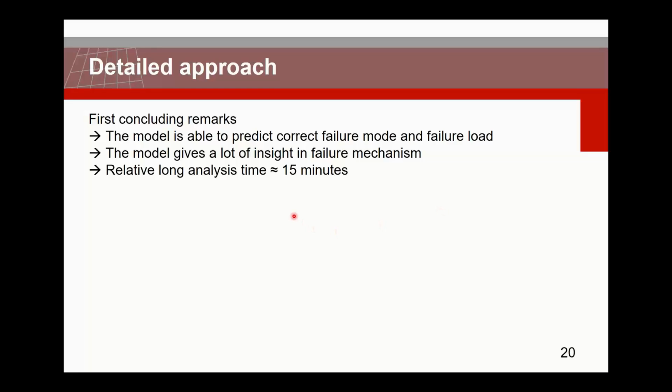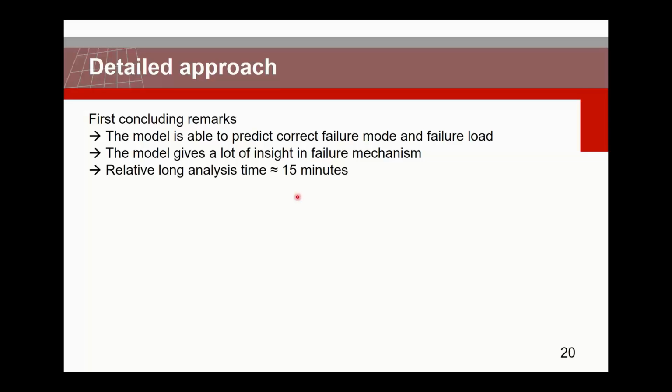The only thing is that the analysis time is, I think, relatively long. 15 minutes, maybe not too bad as a checking analysis, but this is still a relatively small model. It's only a cylinder. It's not an actual structural part. And also, we should maybe have used 4 elements over the thickness to describe the proper buckling. The analysis time could be even longer.